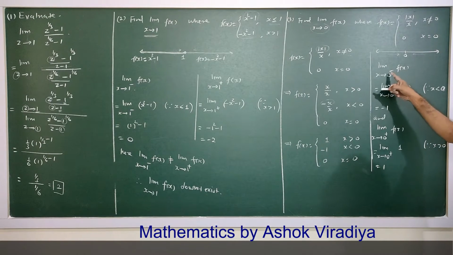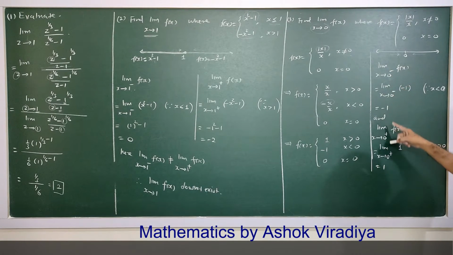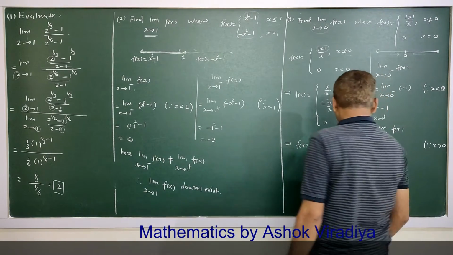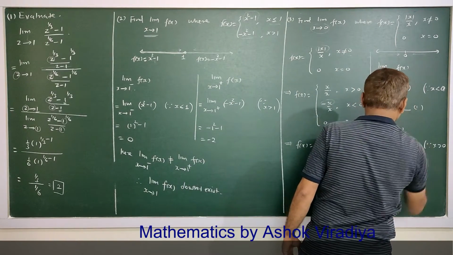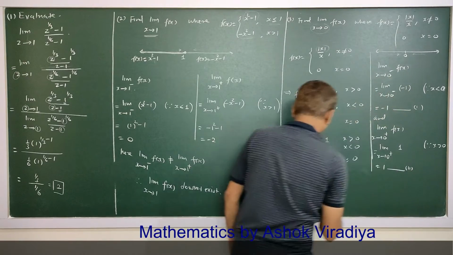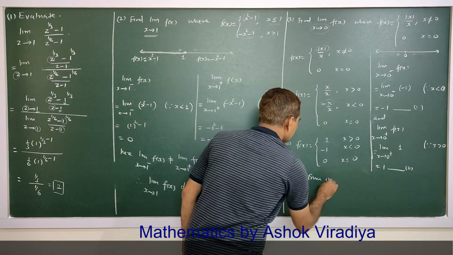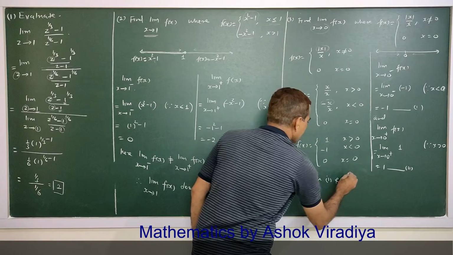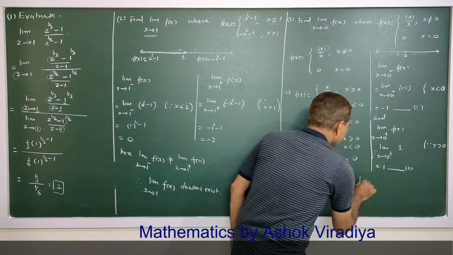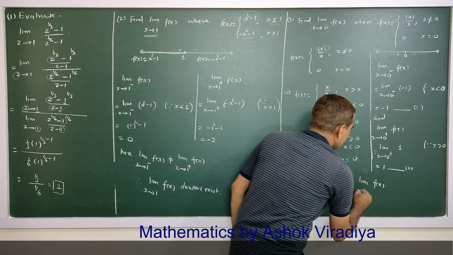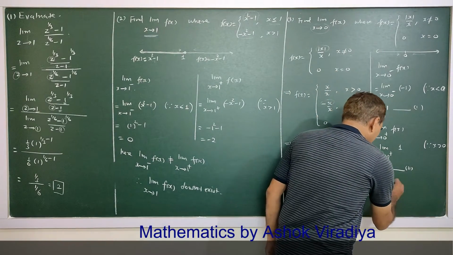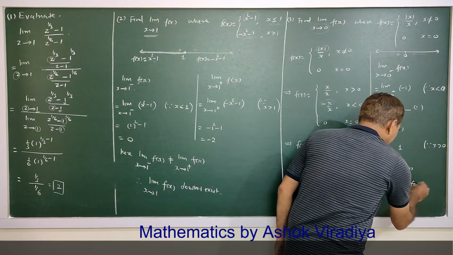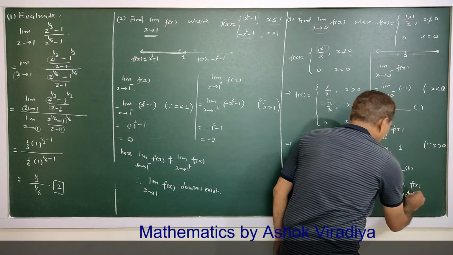So, see, the left hand limit is not equal to the right hand limit. Therefore, from 1 and 2, it is clear that the limit of f(x) as x tends to 0 from left is not equal to the limit of f(x) as x tends to 0 from right side.